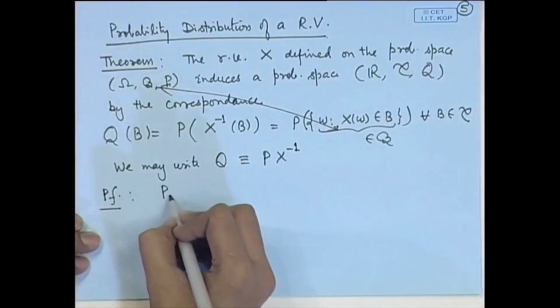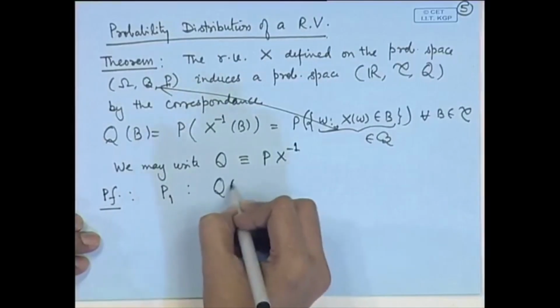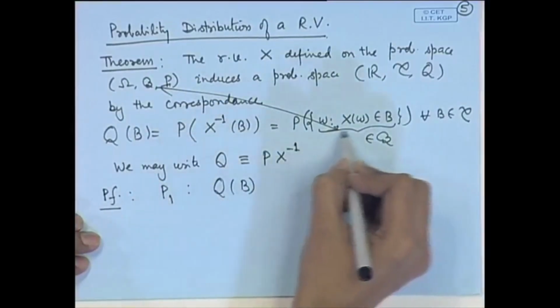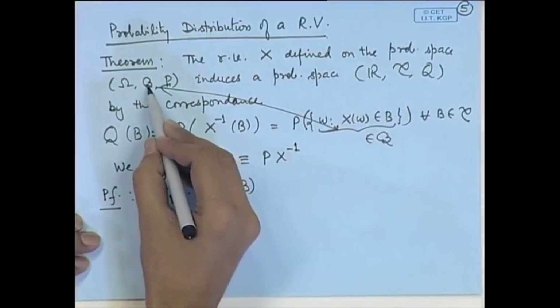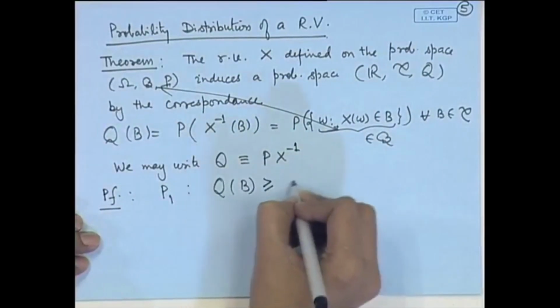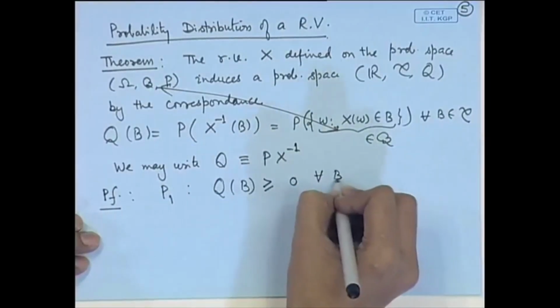Let us look at the first axiom. Q(B), since it is equal to a probability in the original probability space, is always greater than or equal to 0.